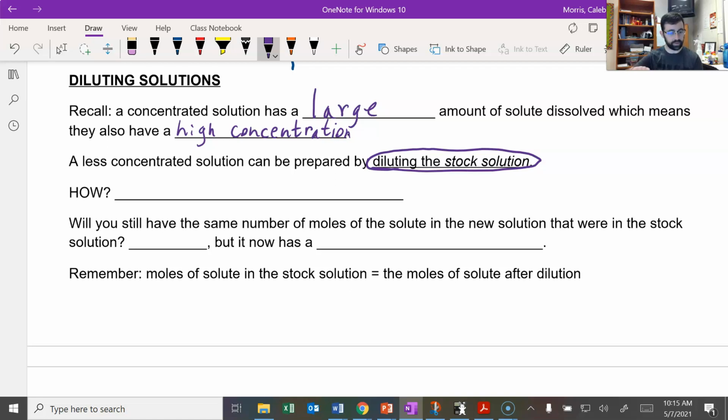They just pour a little bit of water in so that there's less juice in there per unit of volume than there was before, because you watered it down, you added a little more solvent. That's what diluting a stock solution is, or diluting any solution.